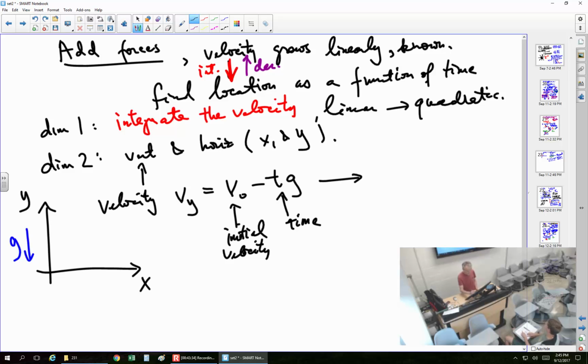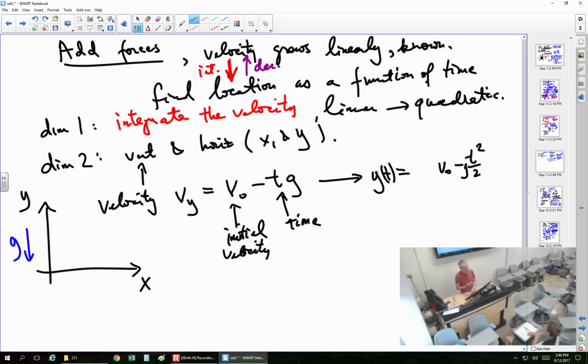Not literally integrate, but you probably already know the answer. So y of t is a quadratic function. It should be familiar. It would be v naught t minus g t squared over 2, with g in front usually.